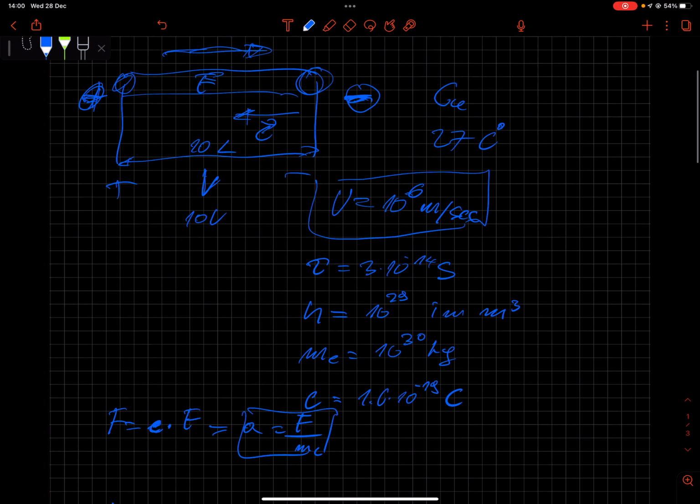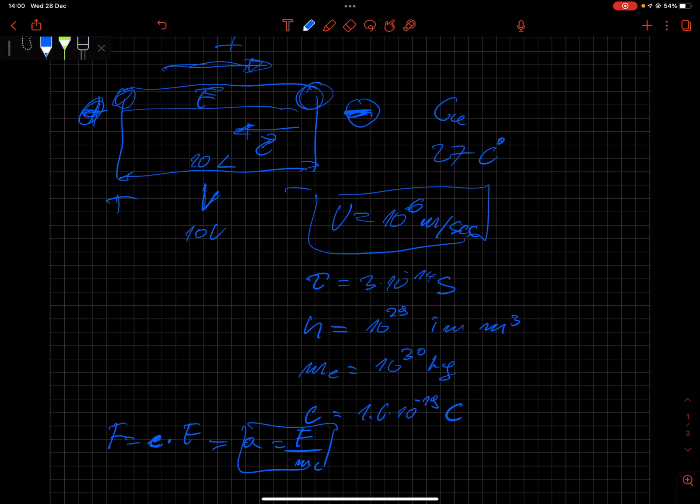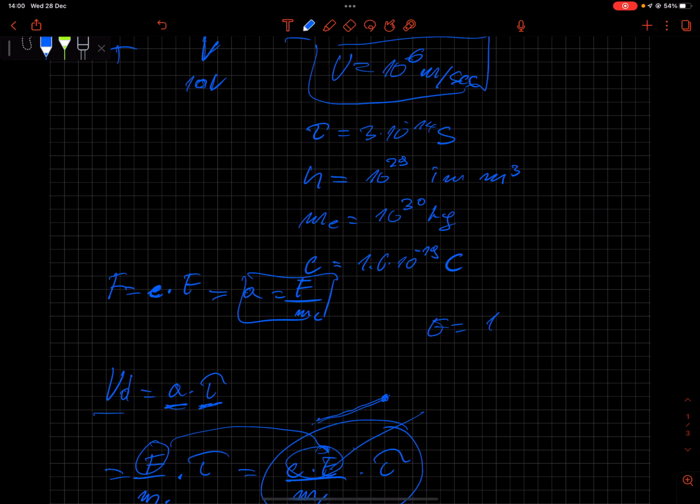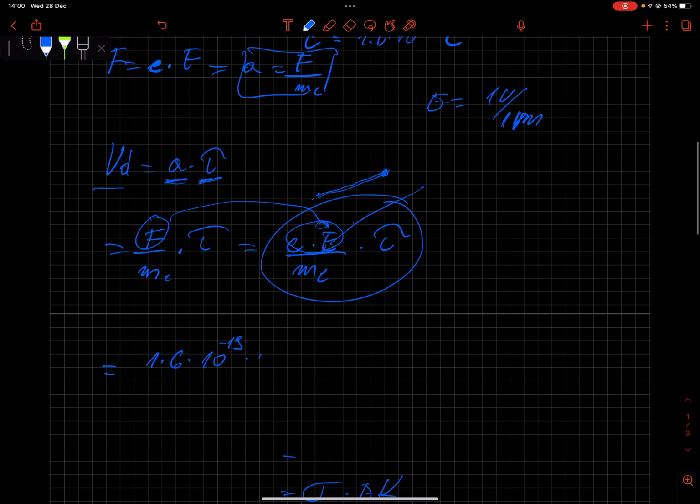If we have a wire which is 10 meters long and we apply 10 volts at the end, the electric field is 1 volt per 1 meter. So we have 1 here, and let's replace the tau. Tau is 3 times 10 to the minus 14, and at the bottom we have the mass, which is 10 to the minus 30 kilograms.